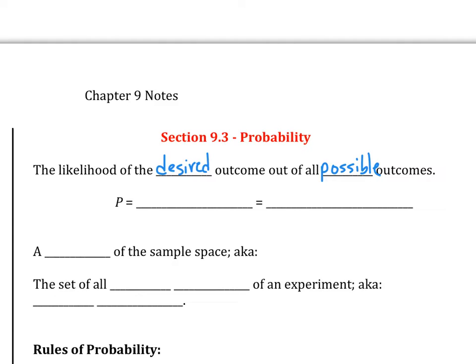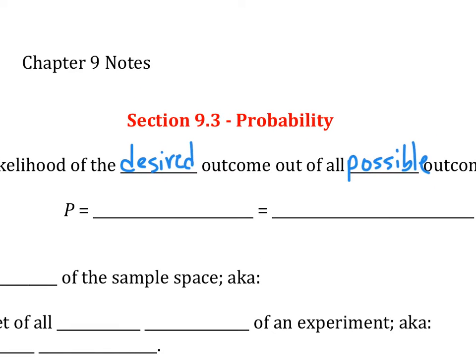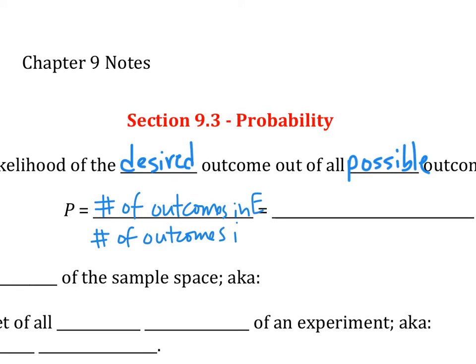If you divide those two, you would be looking at probability. So P is going to be the number of outcomes in E, E meaning the event that you want, over the number of outcomes in S. S means sample space.